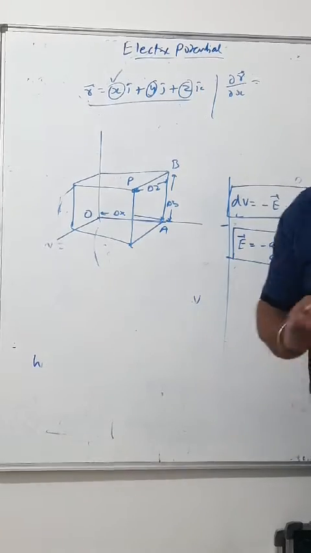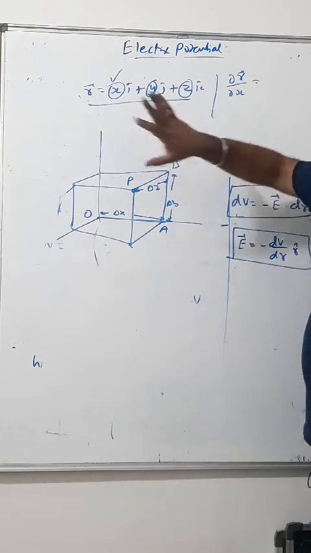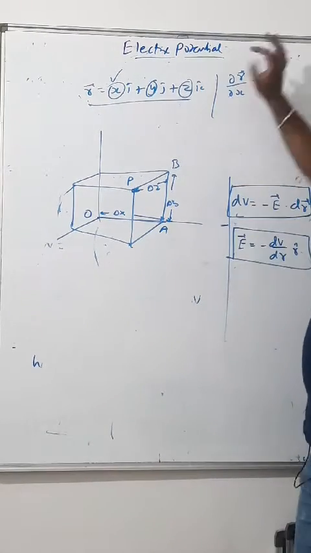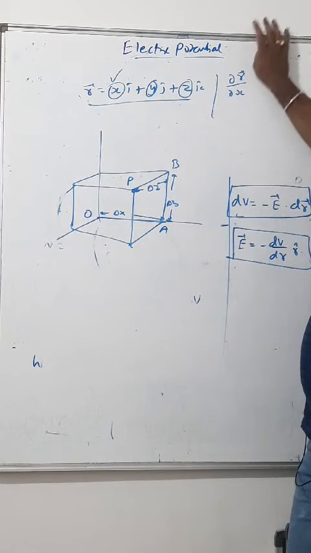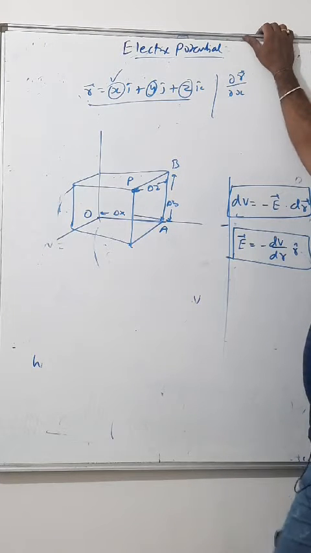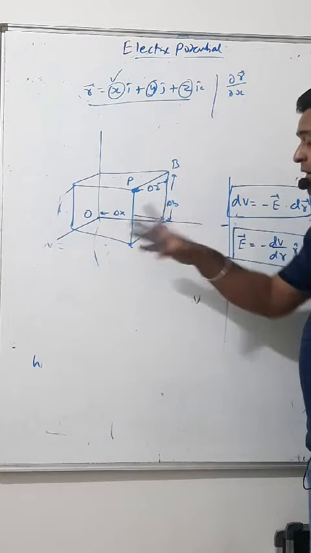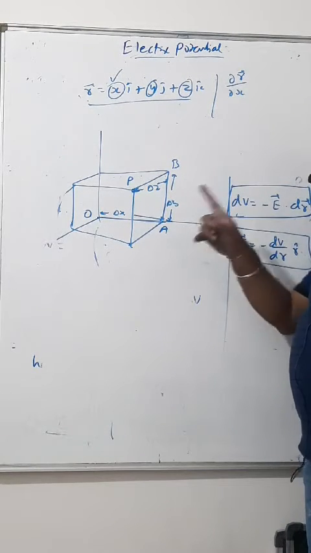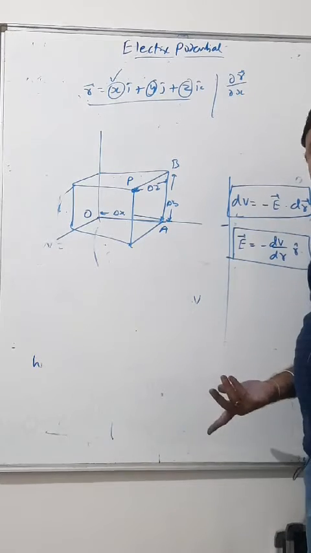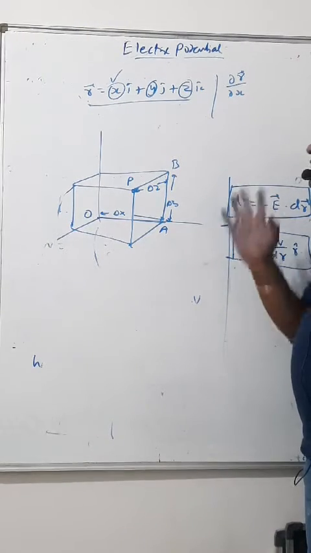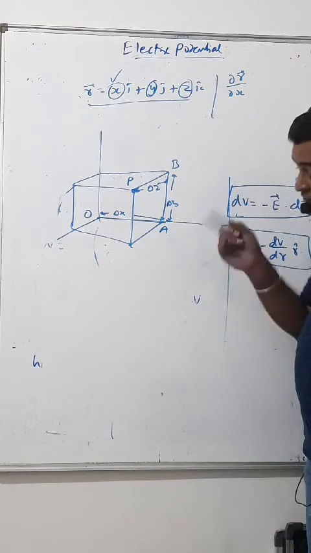It's so simple. Once you are making partial differentiation, del r upon del x, that means you are moving along x. And when you are moving along the x-axis, definitely on the whole x-axis or any line parallel to the x-axis, on that line y and z are definitely constant. So they must be treated as constants.